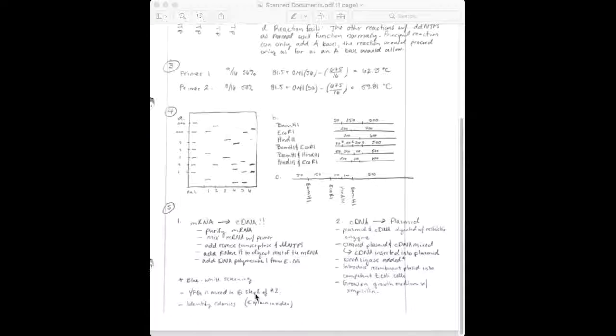So the first thing you've got to do is isolate your favorite gene. However you wish to do that, you can do that in a variety of different ways. In a lot of different scientific disciplines, they use kits.